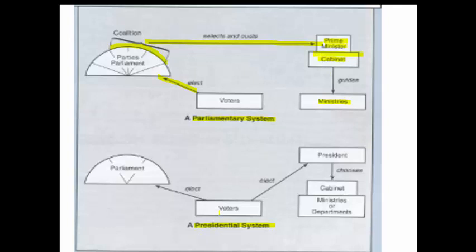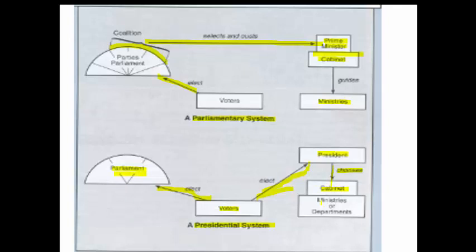Now, with the presidential system, which we'll talk about in the next chapter, the voters elect both the Parliament, which we call Congress, and the President. As you can see with these arrows here, the voters are electing both of them. And you have checks and balances between these two branches. And in this case, the President is choosing or appointing his cabinet, which then actually has to be approved by Congress.